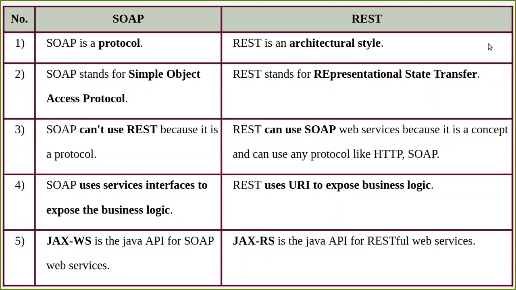REST is not a protocol, but an architecture which we can develop between your server and client. It is like a prototype, an architecture which we can design between the client and the server to make the communication possible. SOAP is a protocol, while REST is responsible for the architectural style.